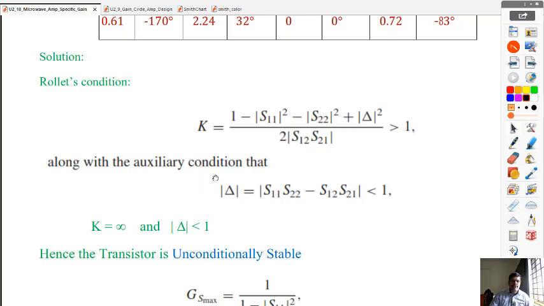Along with the auxiliary condition, modulus of del, that is the determinant of the S parameter matrix of the given transistor, equals S11 S22 minus S12 S21. This value should be less than 1 to ensure the stability.